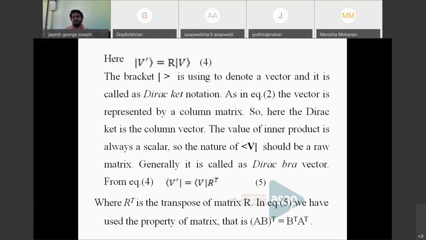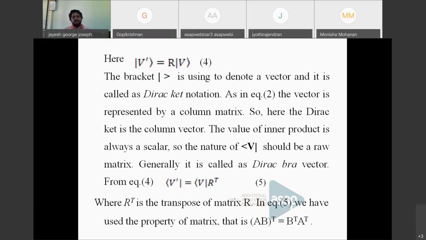The left one is called the Dirac bra vector, and, more precisely, it is defined as the dual of the ket.